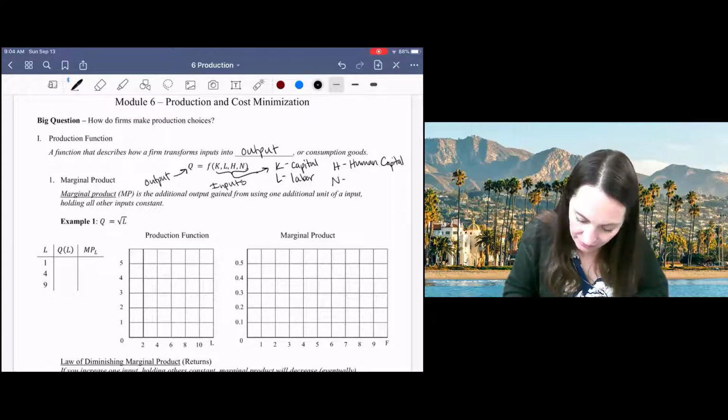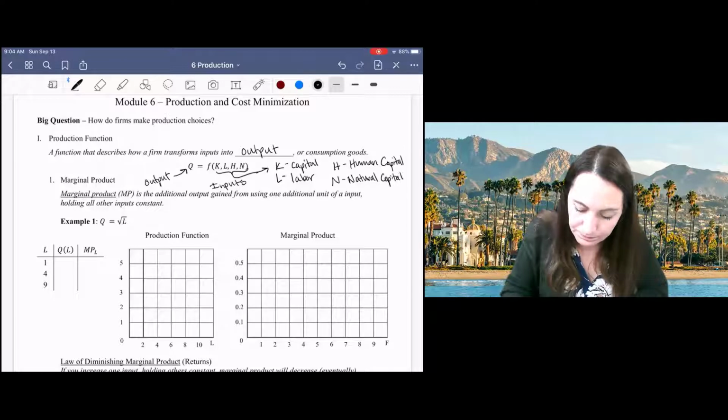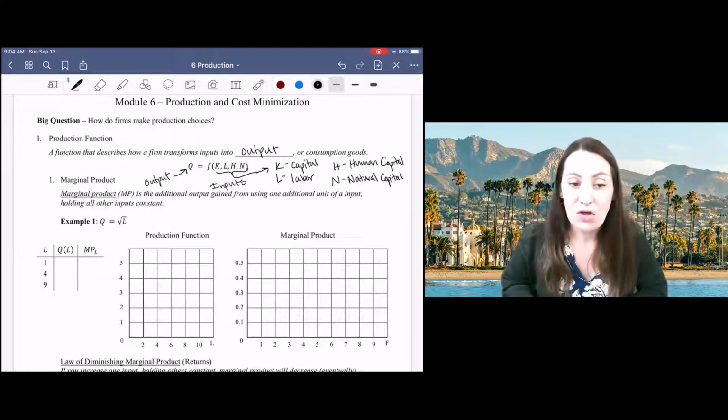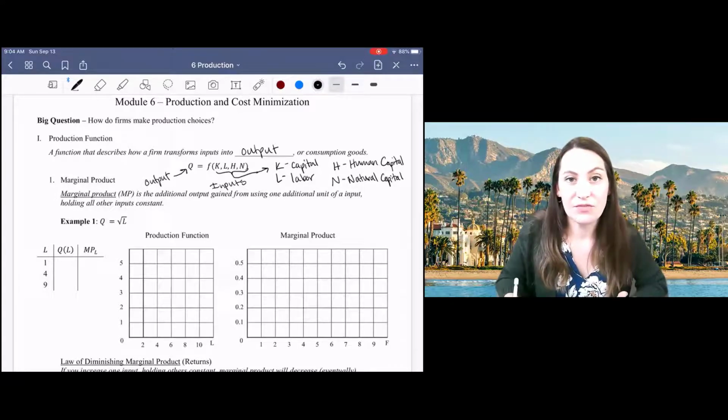And N for natural capital. Those are our natural resources. So what we want to do is define an equation that transforms inputs into output. These are broad categories of inputs.